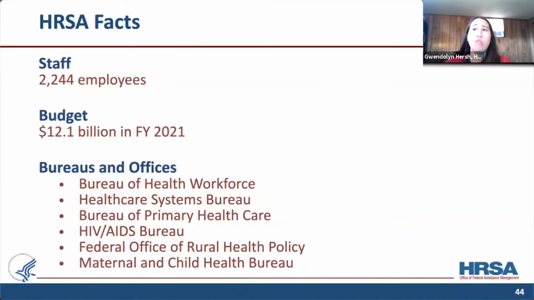Since April, we've managed the distribution of the $178 billion Provider Relief Fund to eligible healthcare providers for healthcare expenses or lost revenue attributable to COVID-19. An additional $2 billion is also available to reimburse COVID-19 testing of individuals without healthcare coverage. All told, nearly 30 million people nationwide receive primary medical, dental, and/or behavioral health care from a HRSA-funded health center. Next slide.